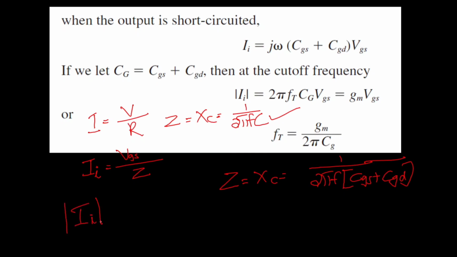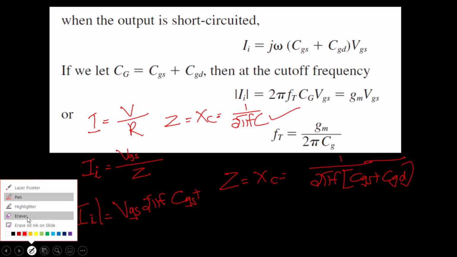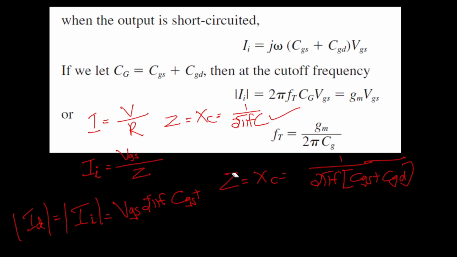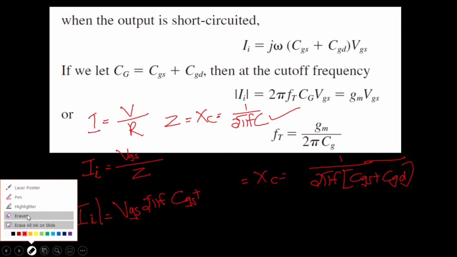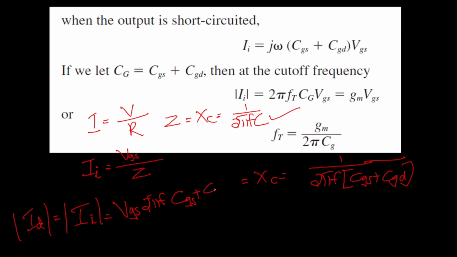What is my I? I is equal to my ID. This is what we are going to explain for the cutoff frequency, when these two currents become equal. Then VGS divided by 1 by 2 pi f into CGS plus CGD. So the denominator will go up: VGS into 2 pi f into CGS plus CGD.